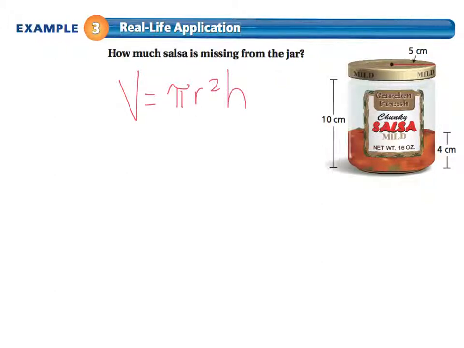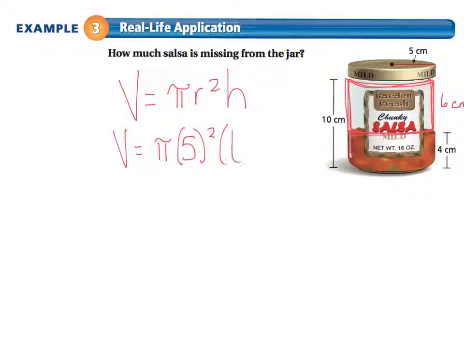Pi r squared multiplied by the height. Well, I only want this region right here, so it's a smaller cylinder. So that smaller cylinder would have a height of 10 minus 4, which is 6 centimeters. So I would do pi radius squared multiplied by the height.